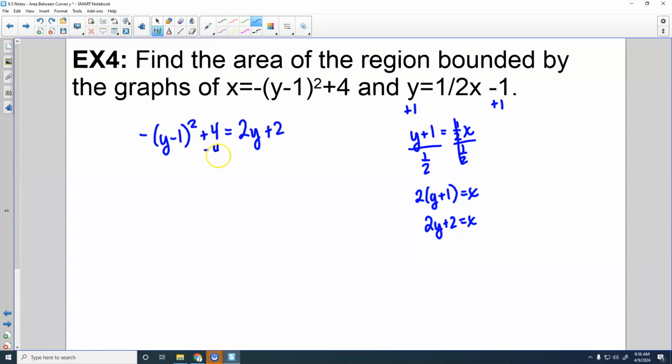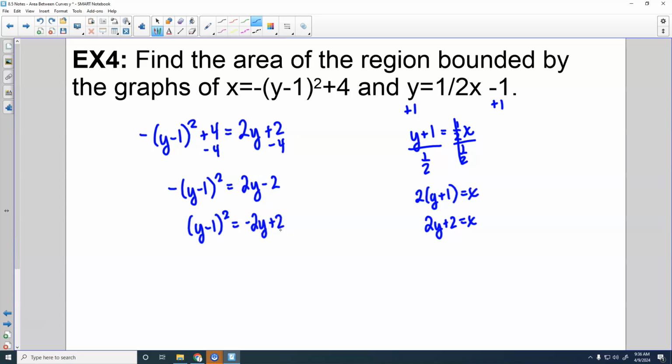We could divide by that negative, so now we've got (y minus 1) squared equals negative 2y plus 2.